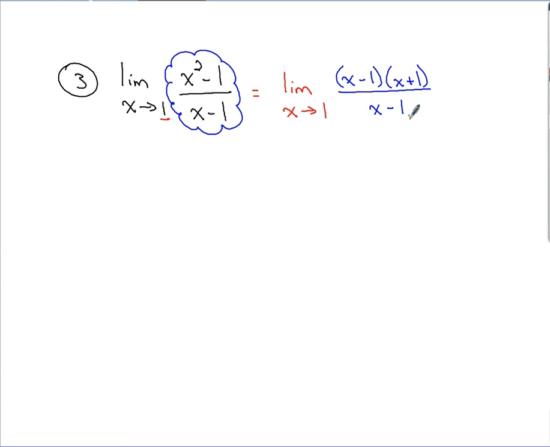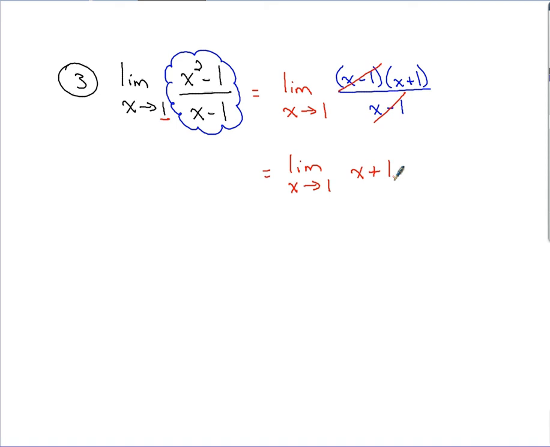Well, that's interesting. We got some factors that are being shared here between numerator and denominator of x minus 1. I can take that out. This expression, this original function I'm applying the limit to, does simplify. So we got the limit as x approaches 1, applied to now the simplified form of x plus 1.